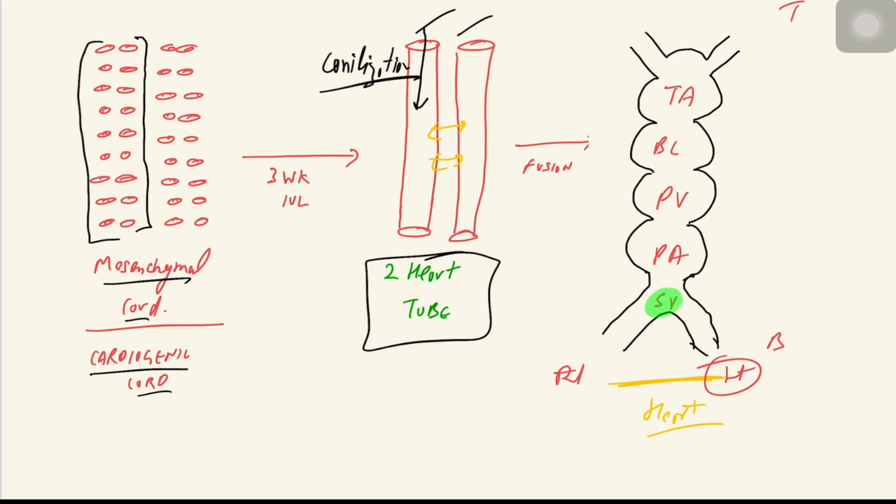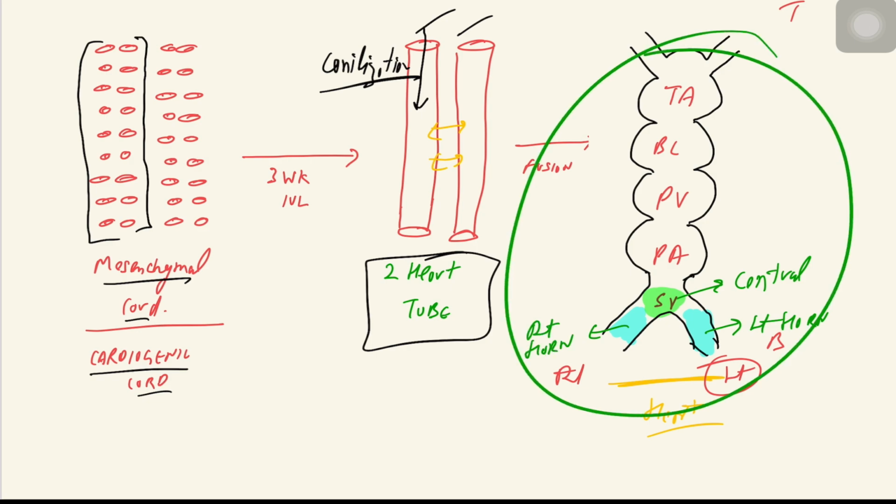This is the first part, then this part and this part. This is known as the central part, this is known as the left horn, and this is known as the right horn. So these are the parts of heart tube.